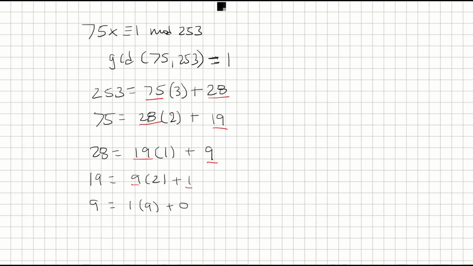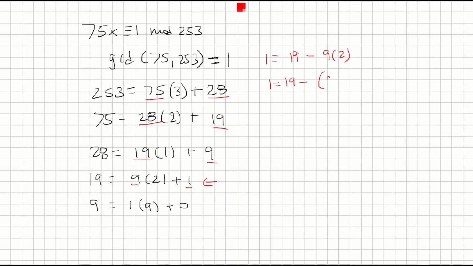And now we have to work our way backwards. So we're going to start in this step right here. We're going to start with 1, and then we subtract 9 times 2. And then we go to the next step here. 9 is equal to 28 minus 19.